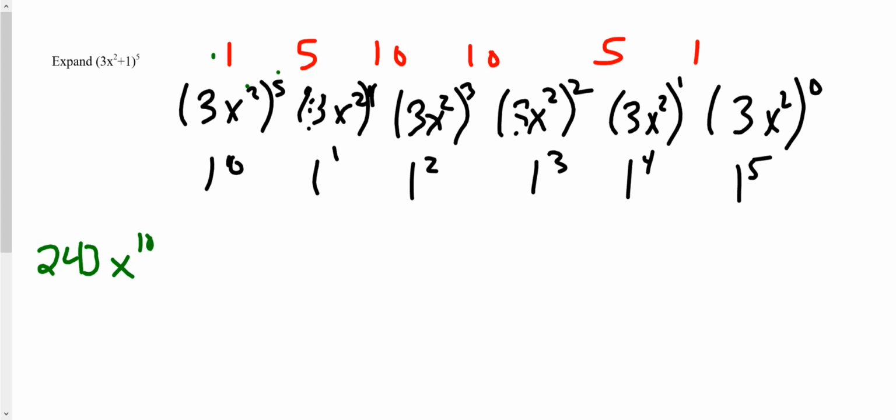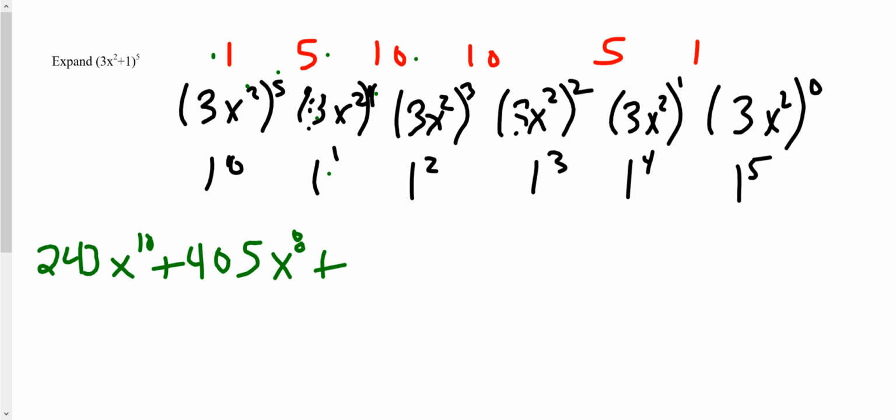Okay, so next one, 5 times 3 to the fourth. The last is always going to be 1, so we don't need to worry about that till the very end. So 5 times 3 to the fourth is going to give me 405, and then I'll have 2 times 4, which is 8, so x to the 8th.